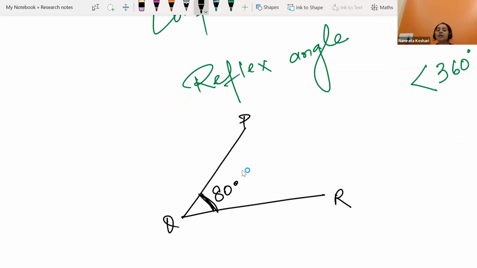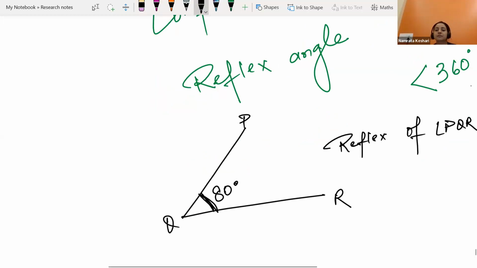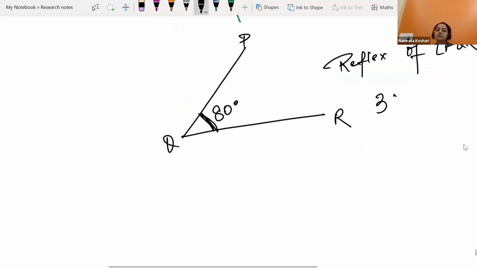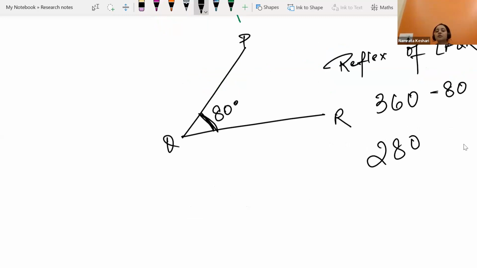If we have to find the reflex of angle PQR, it will be 360 minus 80, which is 280. Okay, so everyone knows over here.